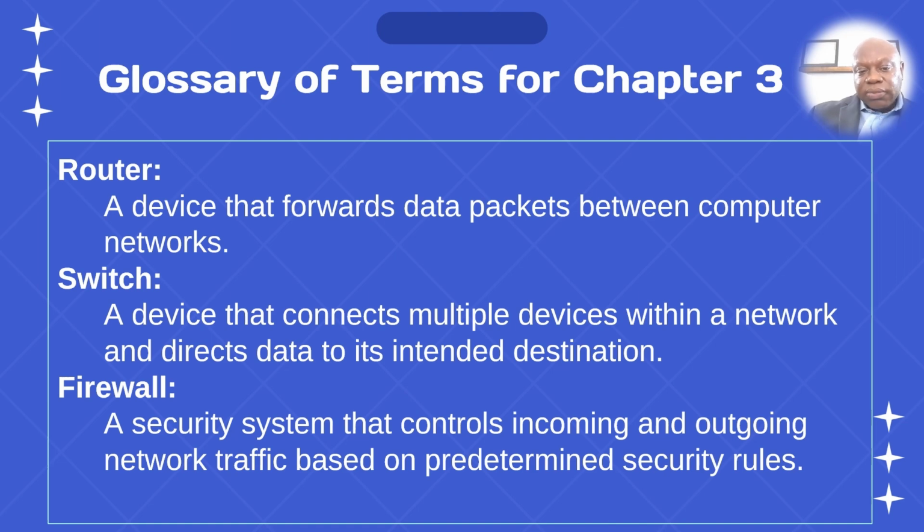So a router is a device that forwards data packets between computer networks. A switch is a device that connects multiple devices within a network and directs data to its intended destination. A firewall is a security system that controls incoming and outgoing network traffic based on predetermined security rules.